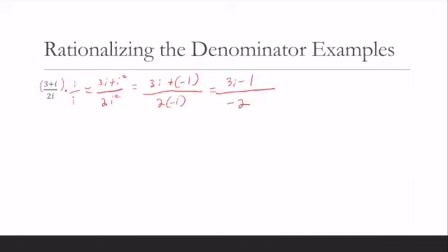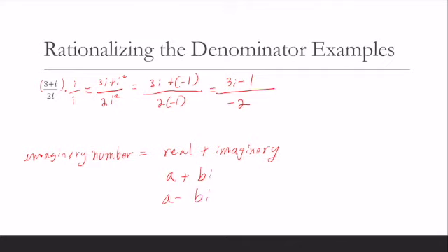Now remember, when we have imaginary numbers, we want it to be the real part plus the imaginary part. So we want it to look like a plus bi, or it could be a minus bi, right?